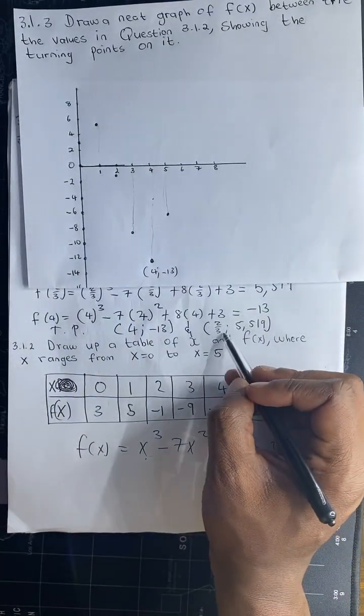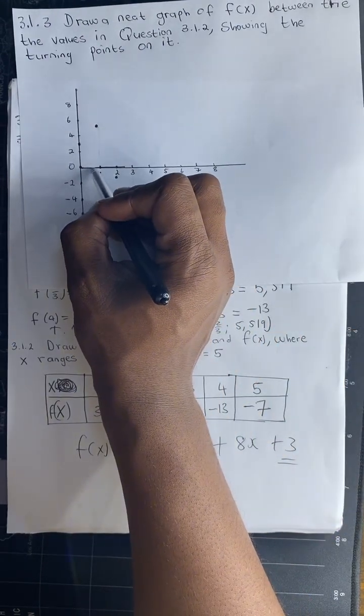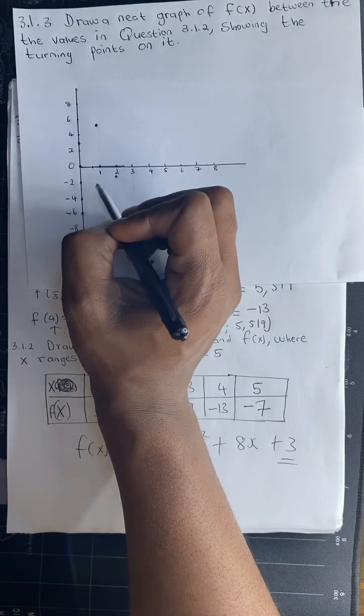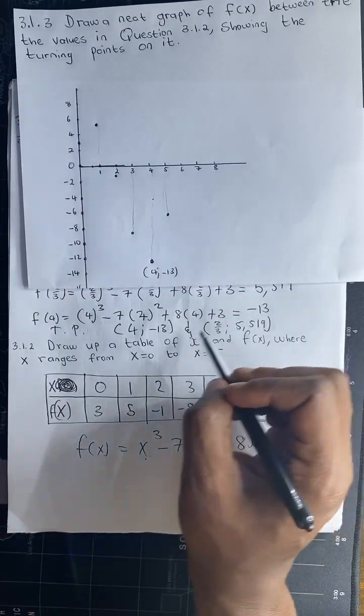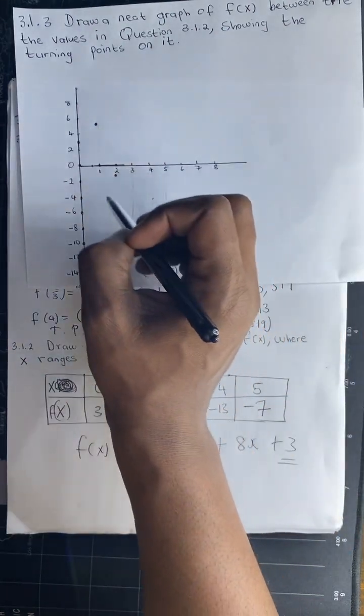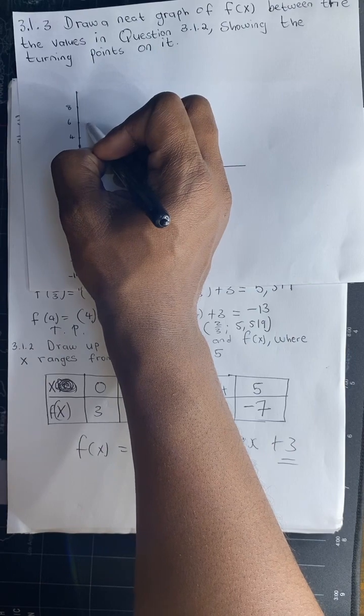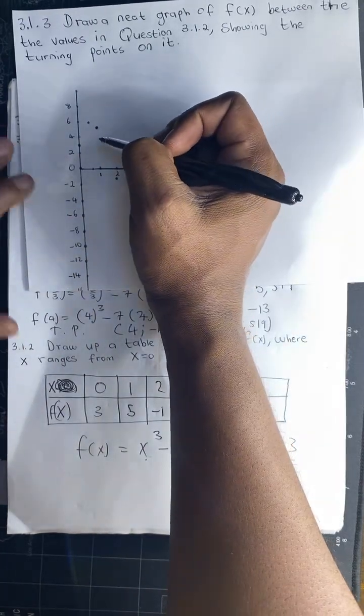The other turning point is 0.66, or 2 over 3. 0.66 is going to be around there, and y is going to be 5.519, somewhere there. And from here we draw our graph.